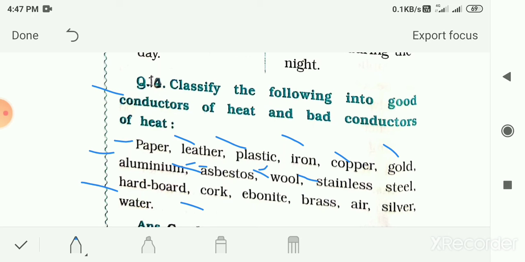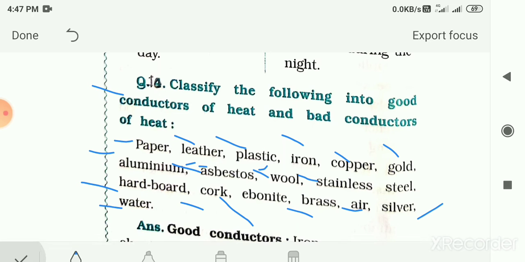Cork, we had seen its properties, so it is a bad conductor of heat. Then after ebonite, that we had already seen, so it is a bad conductor of heat. Then after brass, so it is a good conductor of heat. Air, it's a poor conductor of heat. Silver, it is a good conductor of heat. And water at the last is a bad conductor of heat.